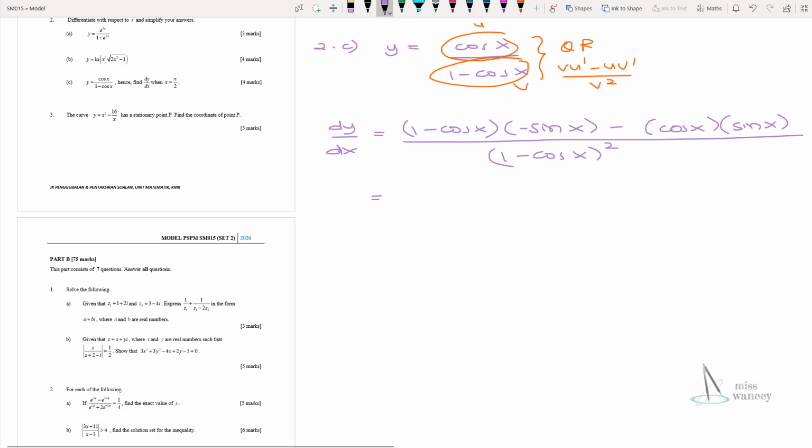Okay, so let me simplify our numerator. So we got 1 times negative sine x, so negative sine of x, and negative, so this is a positive cos x sine x minus cos x sin x.